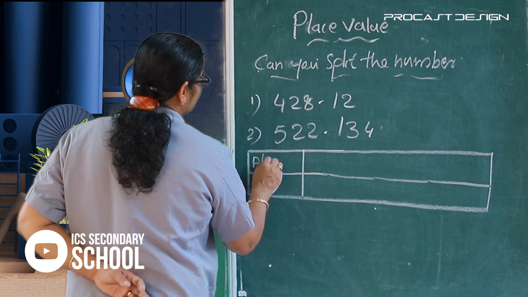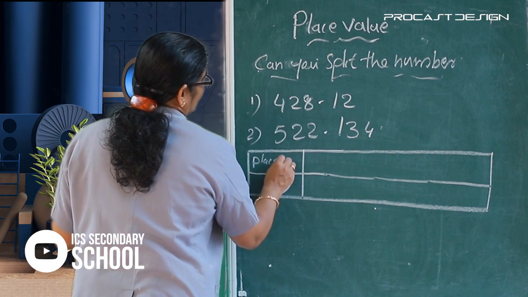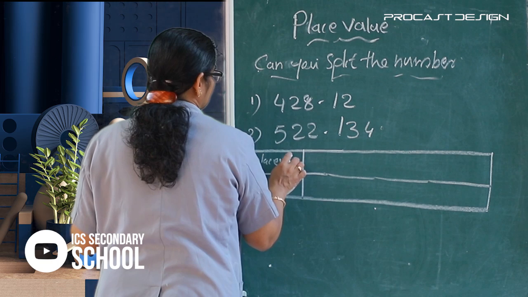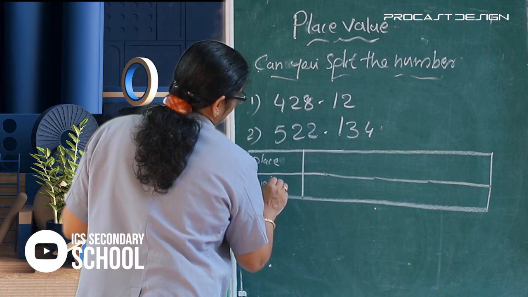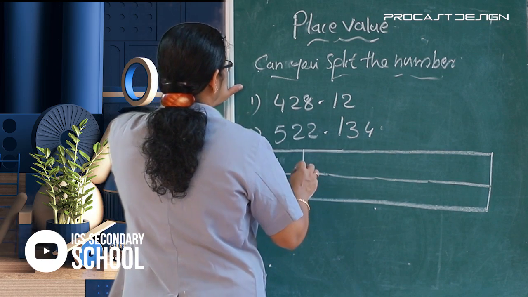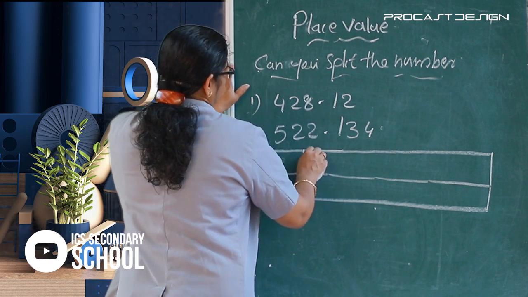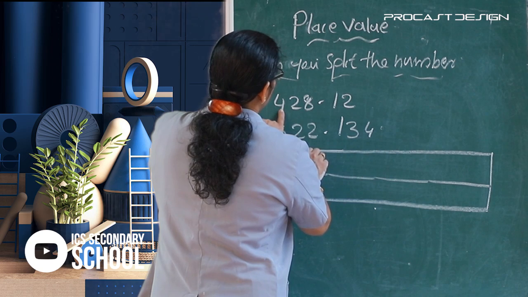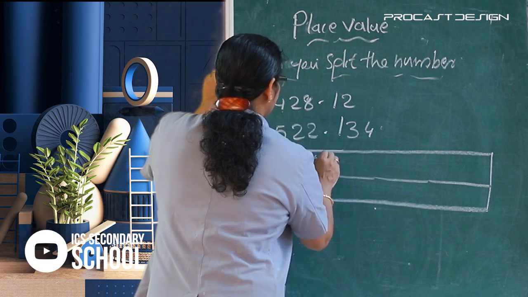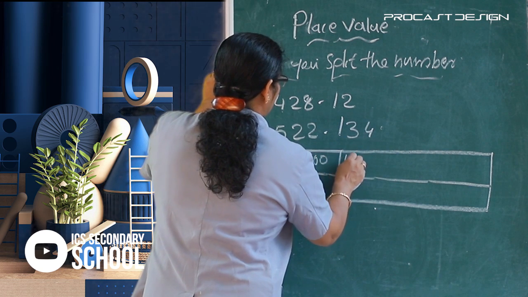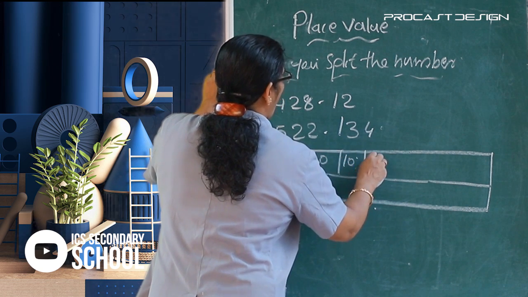Place, digits, place digits: 428, 100, 10, 1.